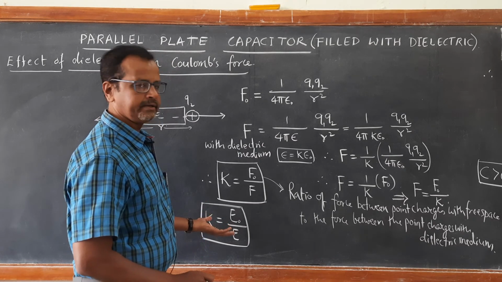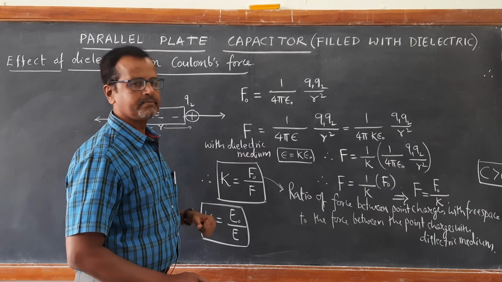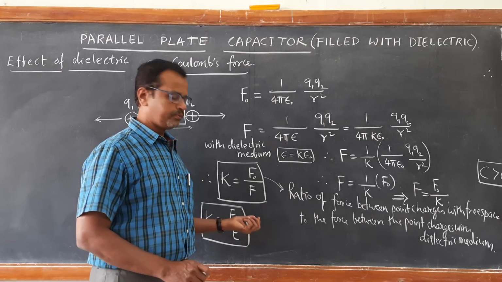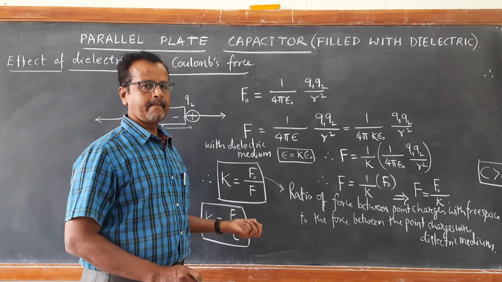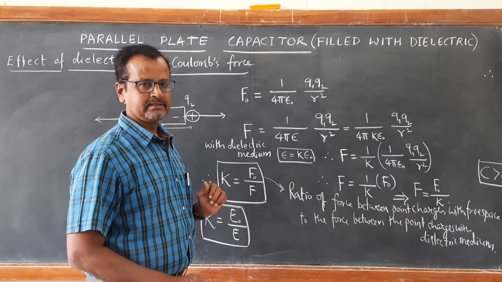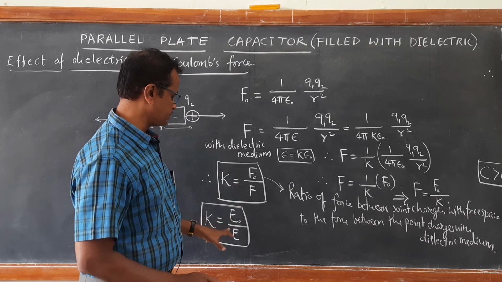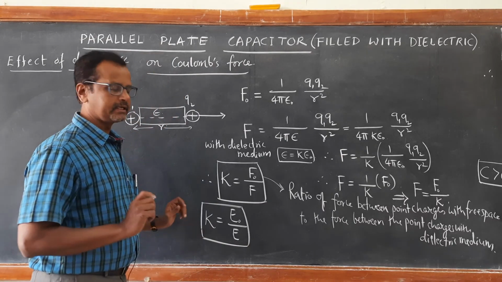Even you can verify with the result that we obtained from a parallel plate capacitor with free space and parallel plate capacitor filled with dielectric. If you check the ratio of electric field with free space divided by electric field with dielectric, that ratio gives us the dielectric constant.